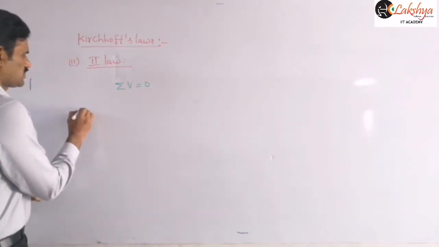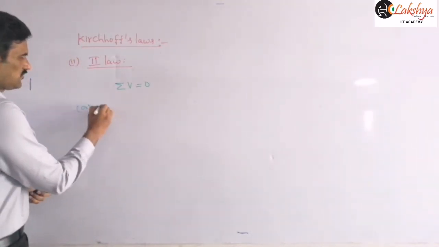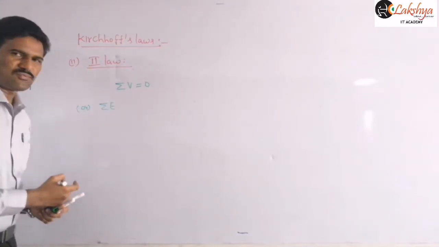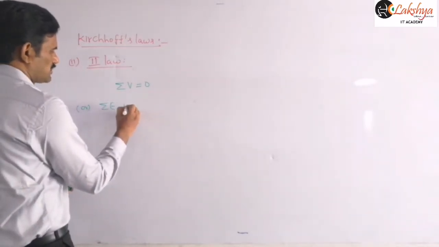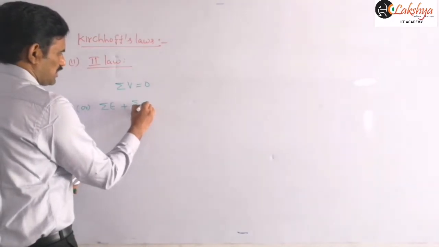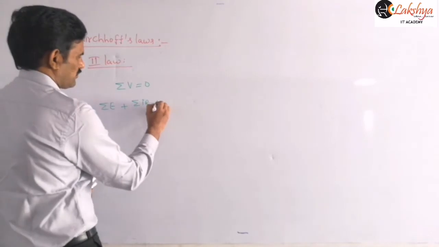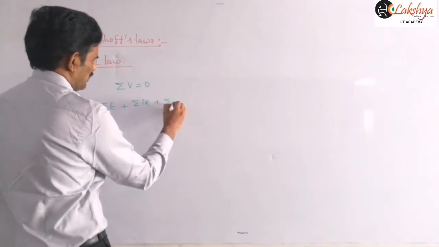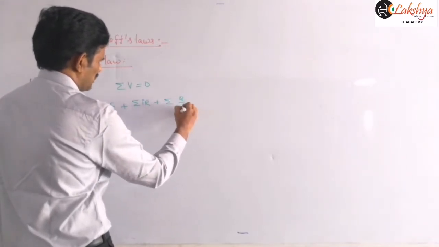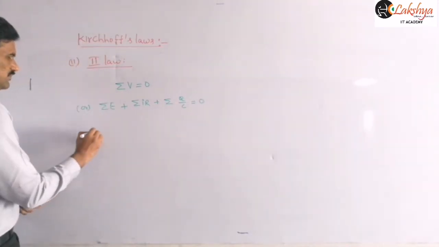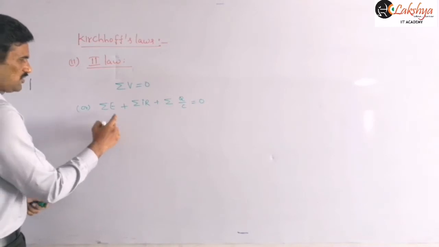Sigma V is equal to 0, or more clearly we can write as sigma E, EMF, plus sigma IR, this is a potential drop across the resistance, plus sigma Q by C is equal to 0. We know already these terms here.